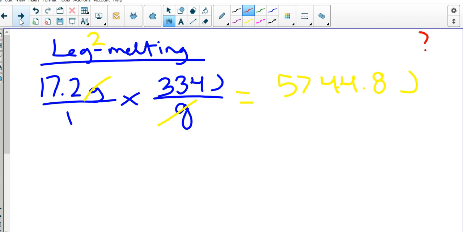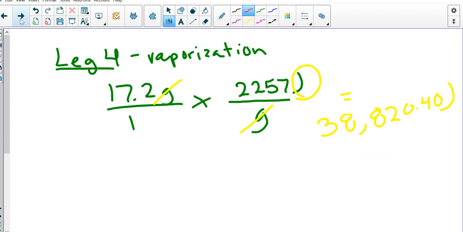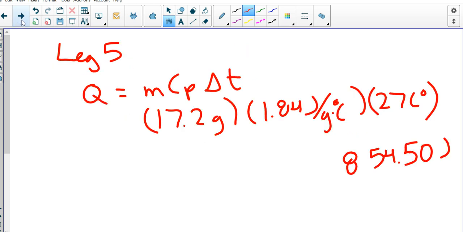Everybody adding? Do you see how I can definitely see what my answers are and I can read it and know what I'm doing? Please make your paper look like this with units and stuff. I'm about 100 off.